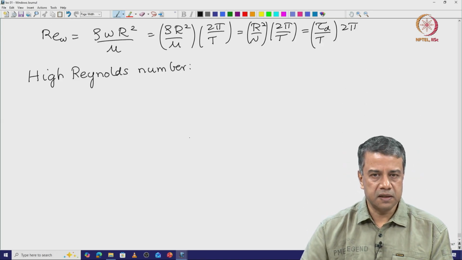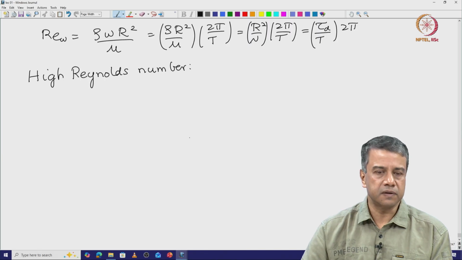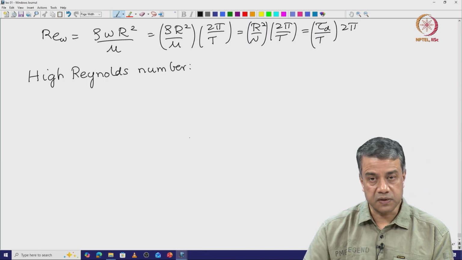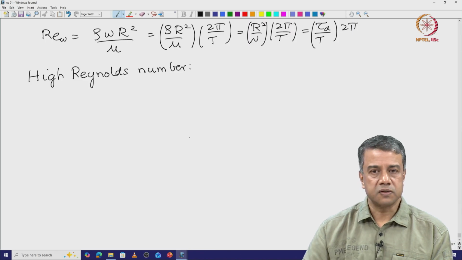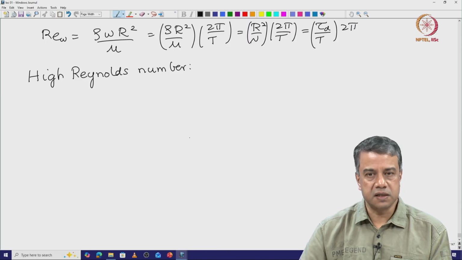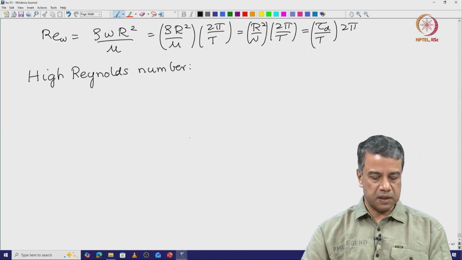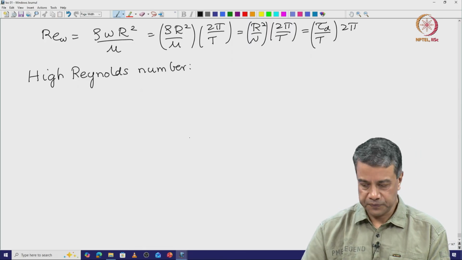Recall that we had scaled the velocity using the scale for low Reynolds number. So, it is necessary for us to rescale our velocity so that the inertial and the pressure gradient terms are comparable in the equation at leading order.